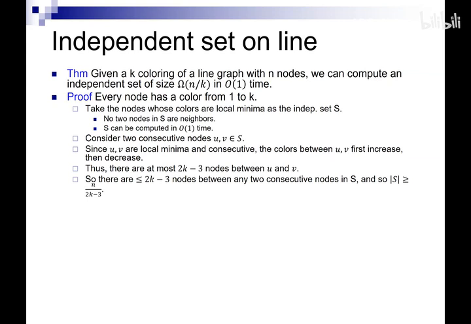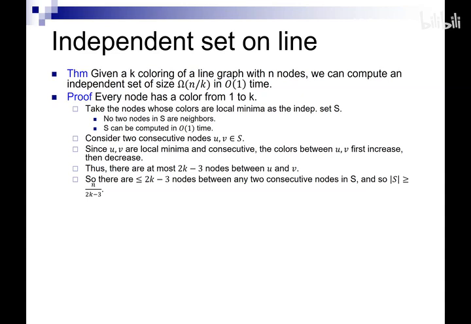It turns out that by using coloring, we can find large independent sets very quickly. Specifically, suppose we're given a k-coloring of a line graph. The previous algorithm worked for cycles, but it also works for line graphs; the only difference is that you take out one edge from the cycle and you get a line graph. Suppose the line graph has n nodes.